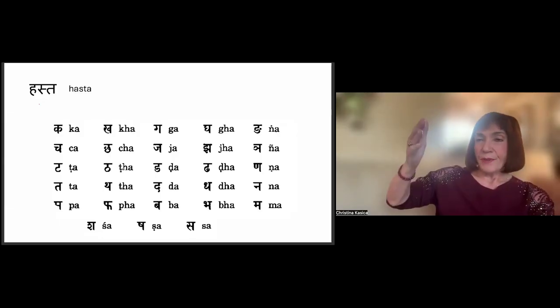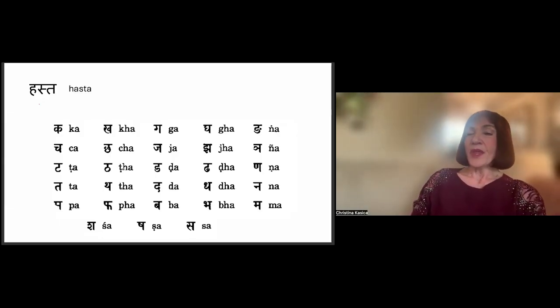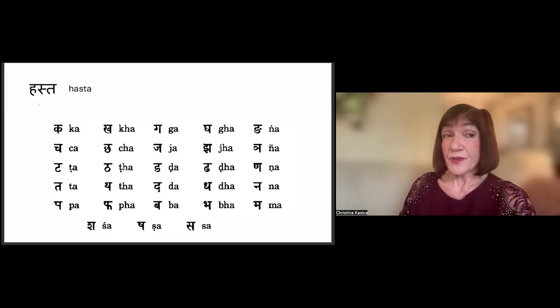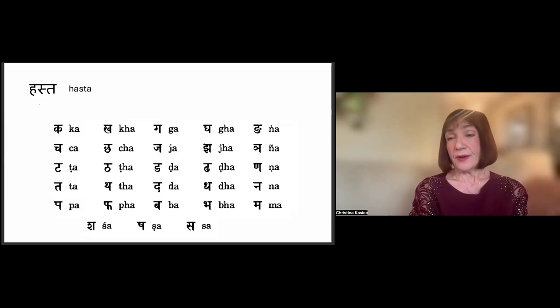You know it's a sta sound, right? So look at the sibilants down at the bottom. Is there any sibilant that might be related to this character as it's written? Would it be the first, sha? Does it look like that?